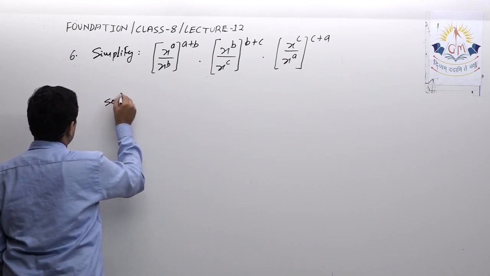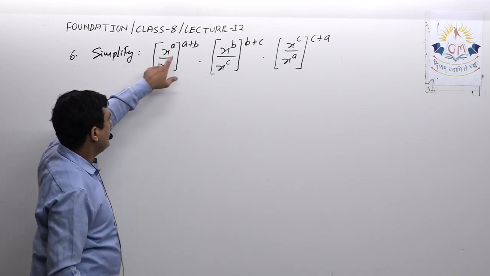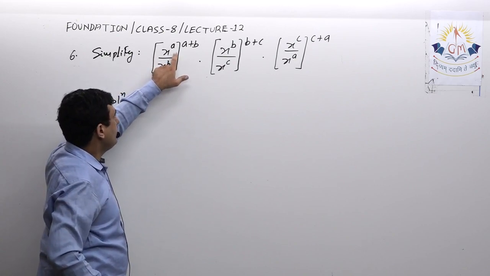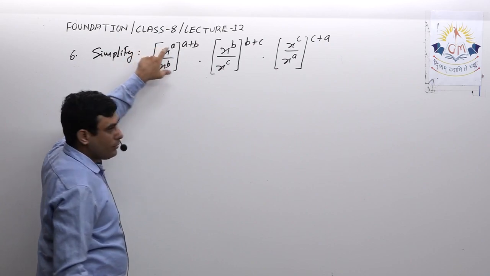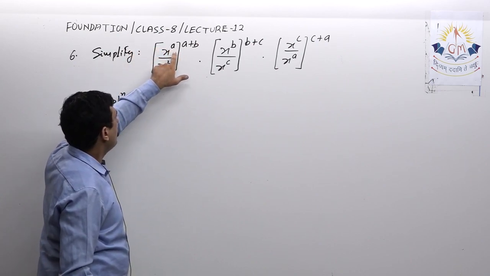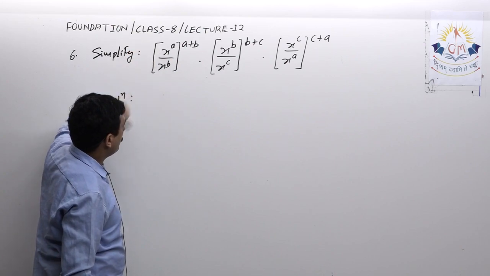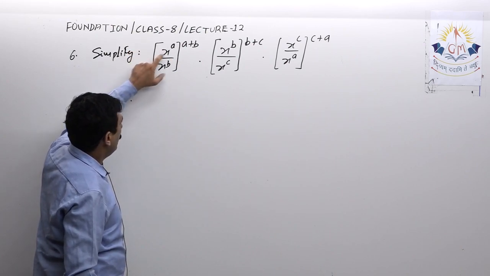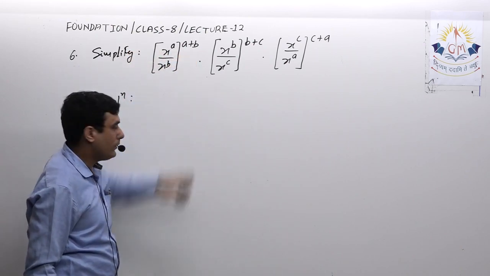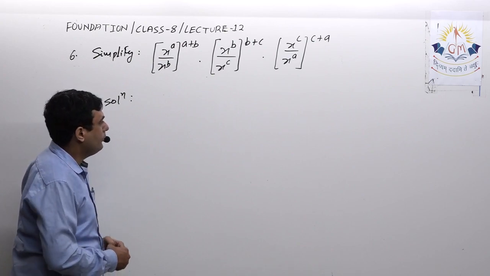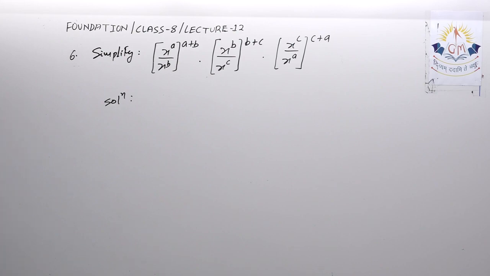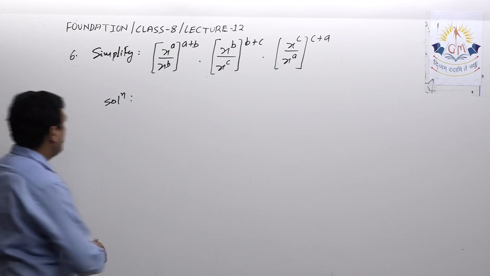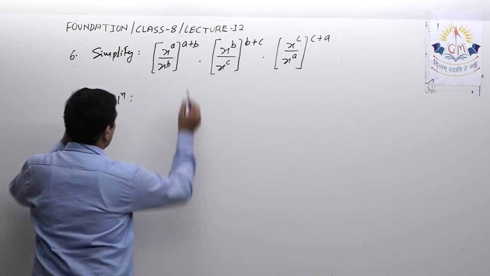Okay, the very first thing that I can do, two things can be done. Either I apply the power law directly. So think for a while, you have to solve this, then we'll see its solution. Okay, so first I will apply the quotient law over here.